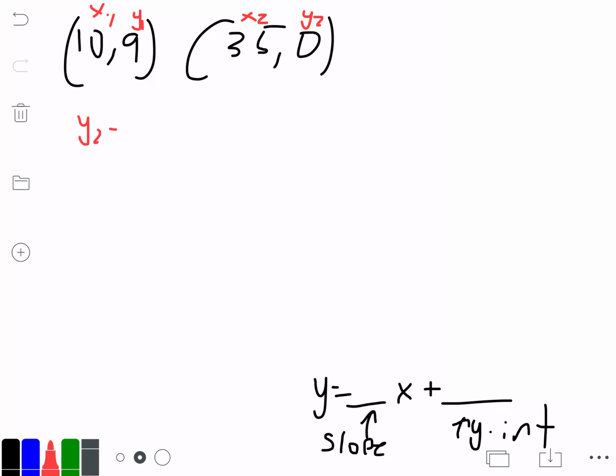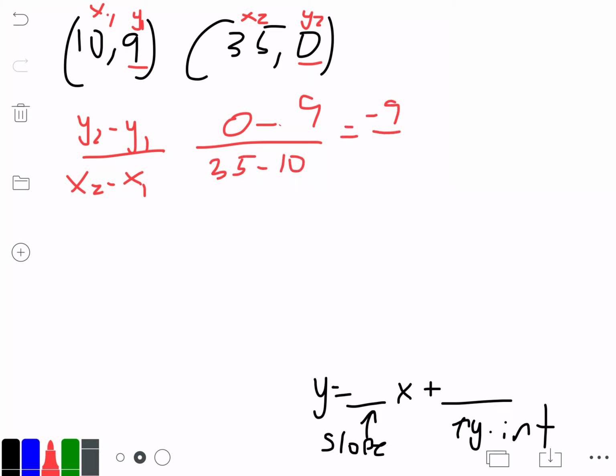So y2 minus y1 divided by x2 minus x1. So 0 minus 9 divided by 35 minus 10, which is negative 9 over 25, which equals negative 0.36. So this is our slope, and it goes here.